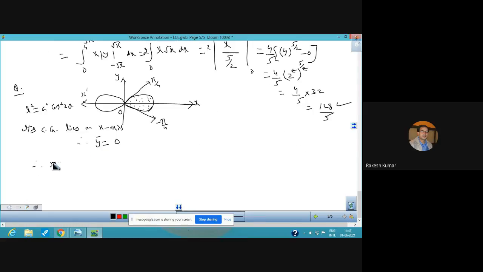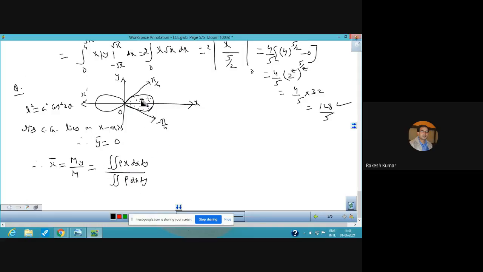And you know that x bar is the moment about the y-axis divided by the mass. So this is the formula we need to use. For this we need to take the double integral of rho x dx dy over the mass, that is rho dx dy.